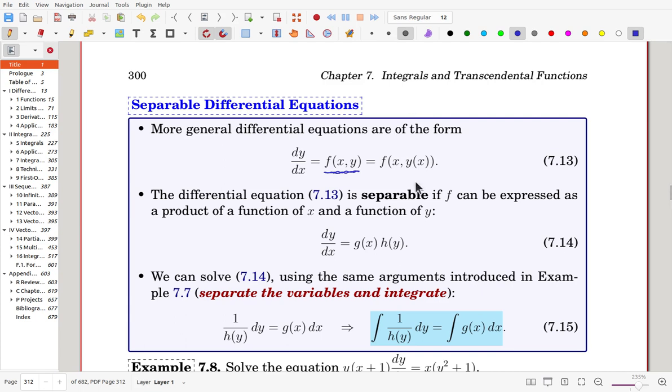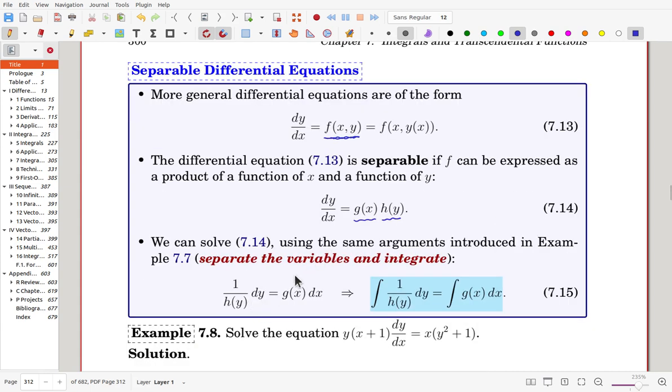But once f is given as g of x times h of y, so they are separable as a function of x and as a function of y, then we say that the differential equation is separable. The slope is separable, then we say the equation is separable. And in this case, it's quite easy to handle.